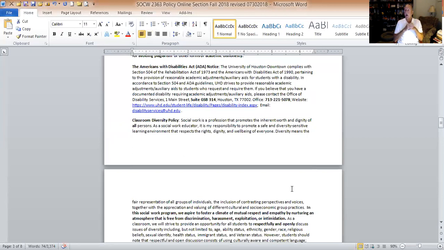If you don't have a learning accommodation, but you think you have a disability, then there are resources through the Student Life Center and Student Services, and there's contact information here. So if you require accommodations, please talk with me. And also, if they're formal, then you need to also go through the office of disability services.